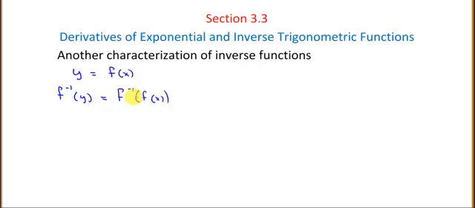But remember, inverses undo one another, so the right side is just x. So we'd have f inverse of y is equal to x. These equations are equivalent. If an ordered pair (x, y) satisfies this first one, that ordered pair will satisfy this last one, and if an ordered pair satisfies this last one, it will satisfy this first one.